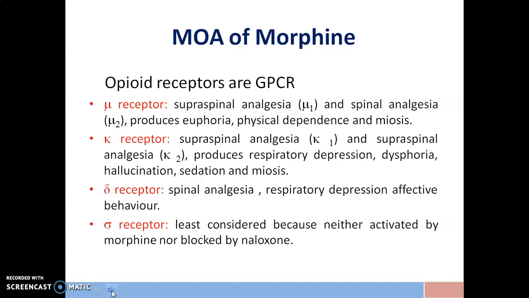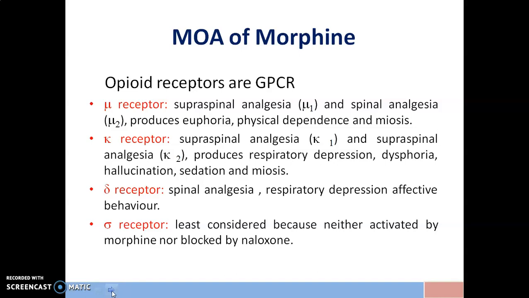Mu receptors produce supraspinal analgesia, especially mu1, and spinal analgesia is induced by mu2. They also produce euphoria and physical dependence as well as meiosis.